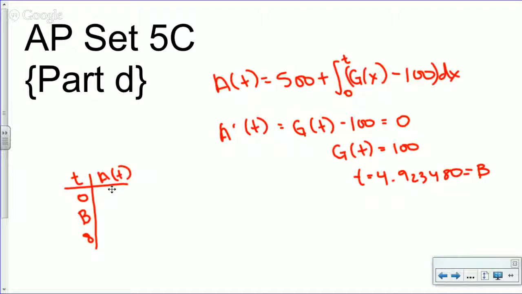So I know this is just going to be 500, which makes sense because that was my starting amount. Okay, for your amount at time B, at this 4.923480, type in 500 plus the integral from 0 to 4.923480 of g of x minus 100 dx. Okay, and you should get about 635.